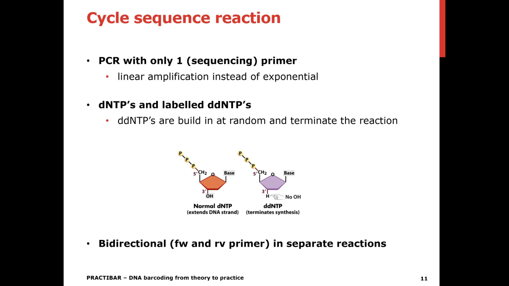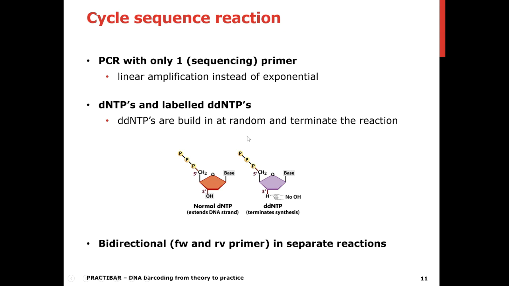So cycle sequence reaction is done as a linear amplification. It's basically a PCR with only one primer. And you need dNTPs and also labeled ddNTPs. The difference between those is that a normal dNTP has at position 3 an OH group, and a ddNTP has an H group right here.